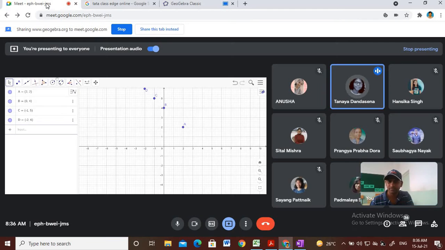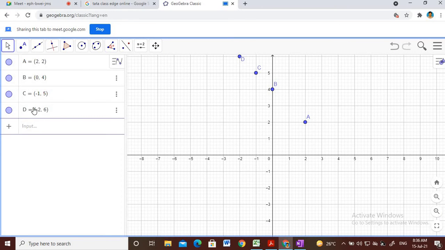You only observe and say. One minute, students, this point is not coming. Why? So no equation is there.